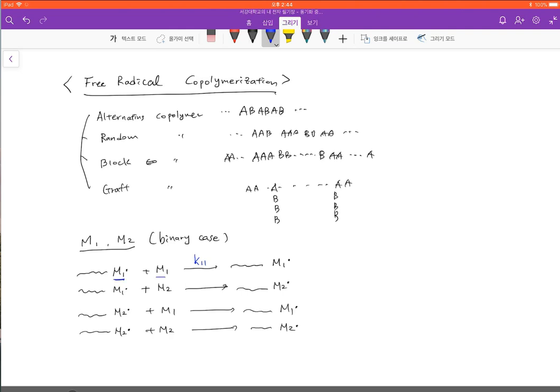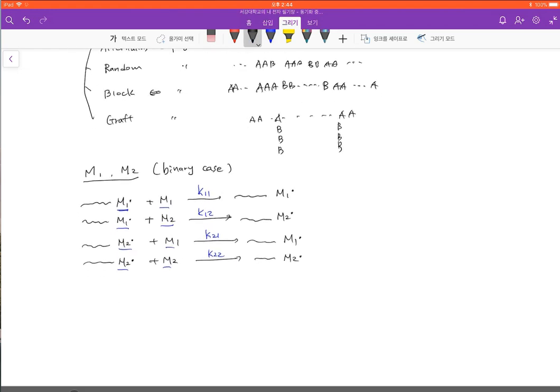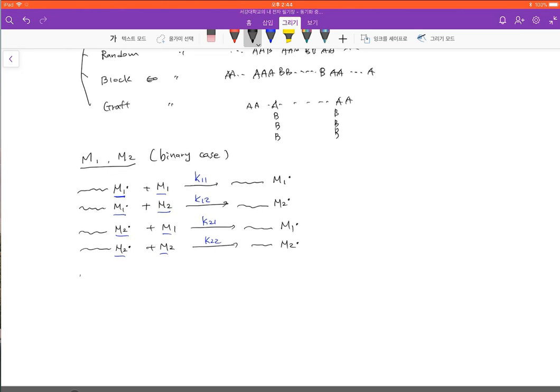For each reaction, we denote the rate constant as K11, so monomer 1, the radical 1, monomer 1. This one is K12, radical 1, monomer 2. This one is similarly K21 and K22.